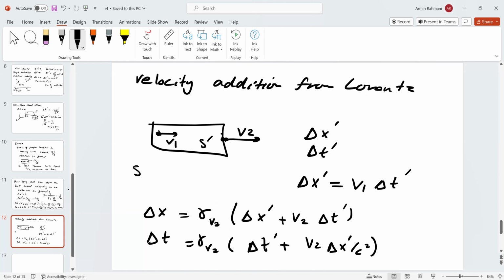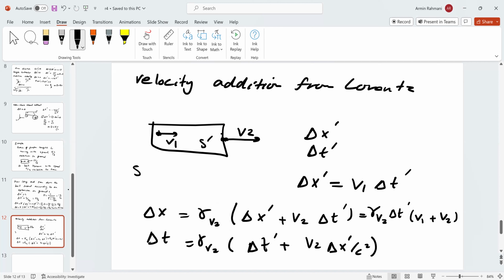Okay, so I can stick that into this. So this becomes gamma V2. I have a delta T prime that I can factor out. And then I get V1 times, yeah, just V1, right? Delta X prime is V1 delta T prime, V1 plus V2, right?